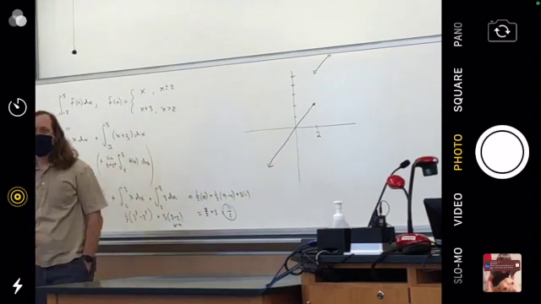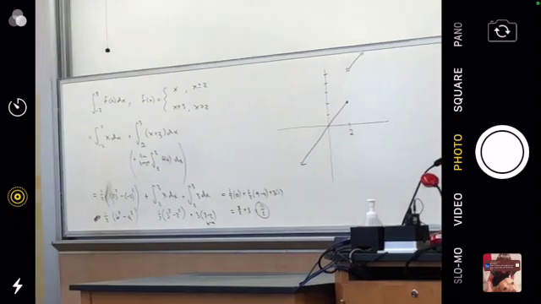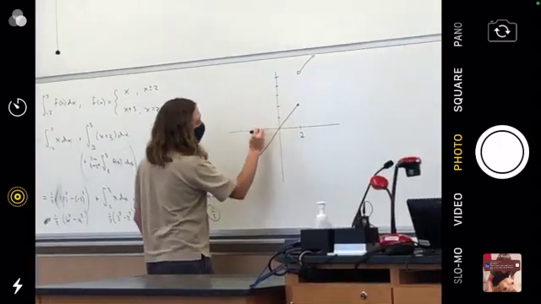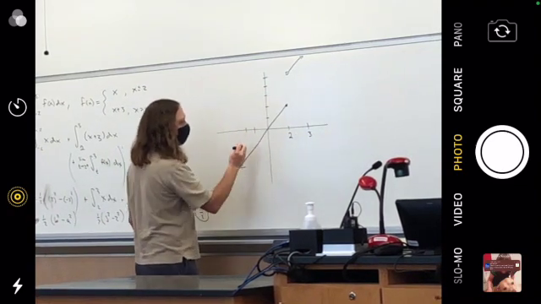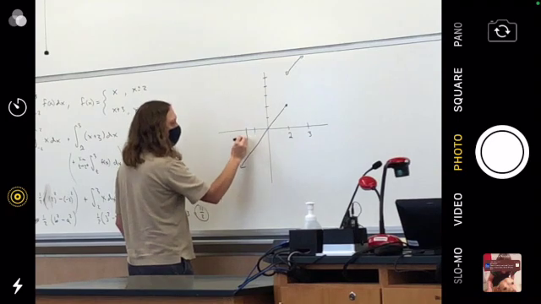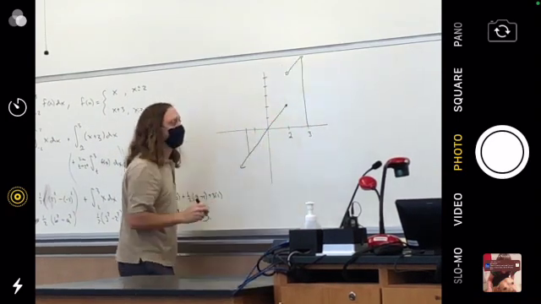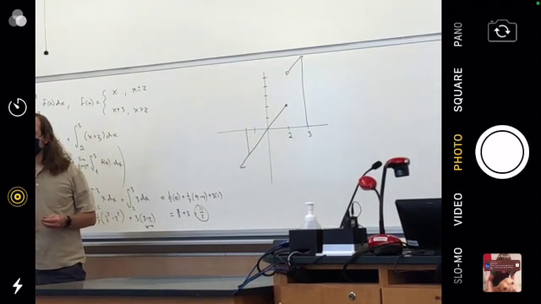So f of x looks like this. And then we said we want to go from -2 to 3. So we want to know from this region to here.